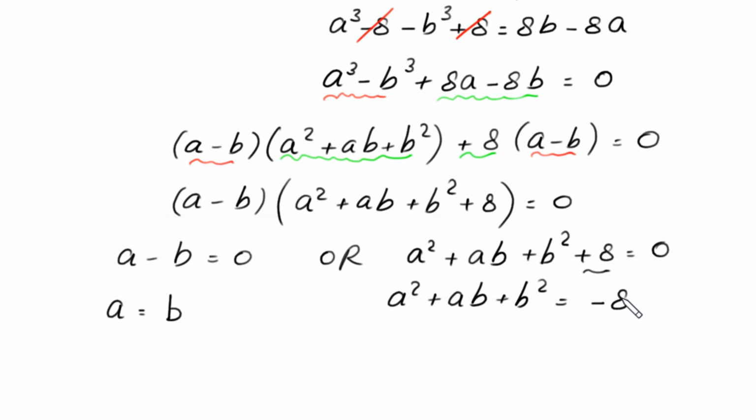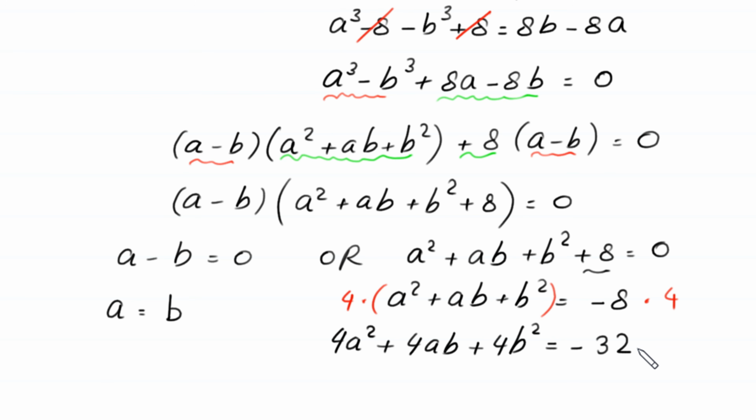From here we multiply both sides by 4. Left hand side we multiply by 4. So 4 times a squared, 4a squared, and 4 times plus ab, plus 4ab, plus 4 times b squared, 4b squared, is equal to negative 8 times 4, negative 32.